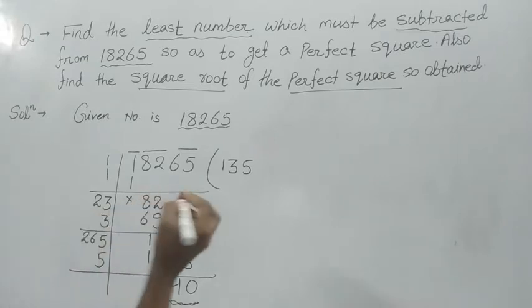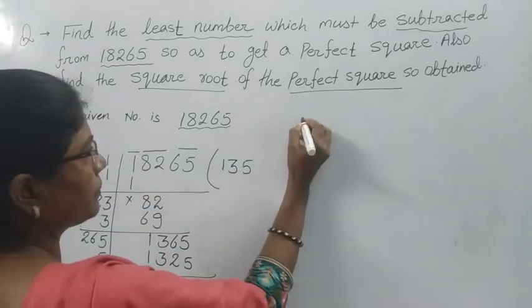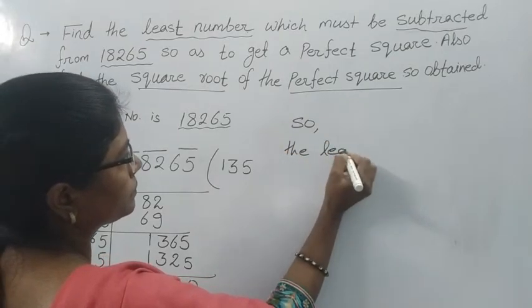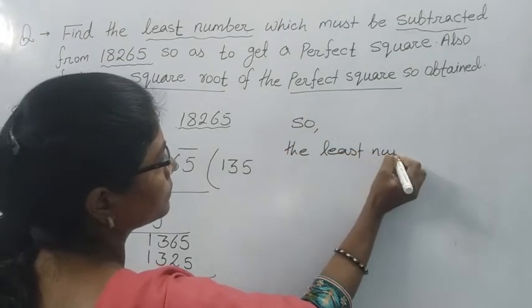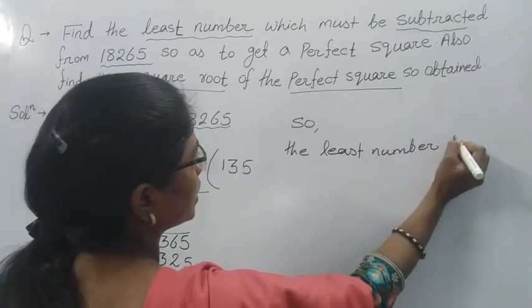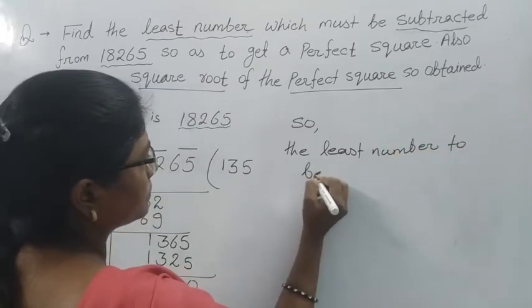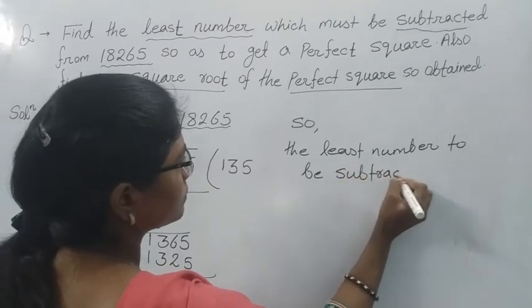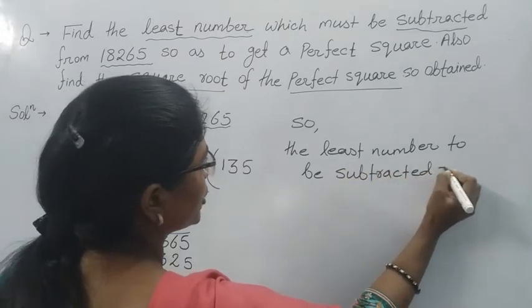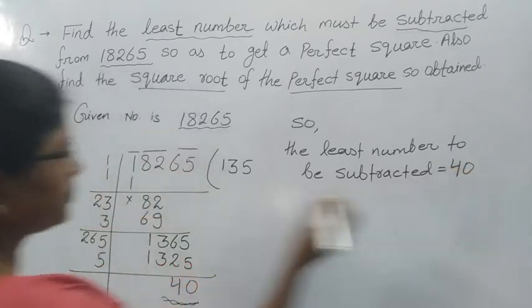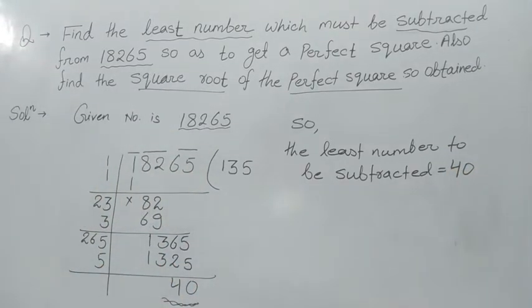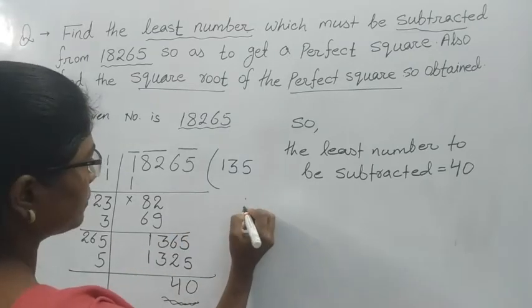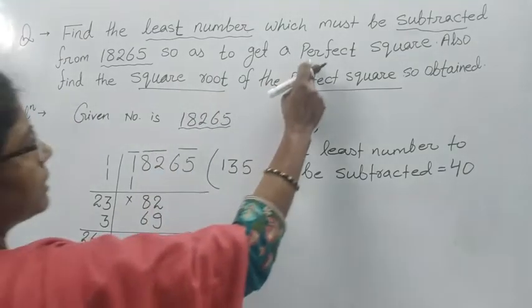So the least number to be subtracted is equal to 40.